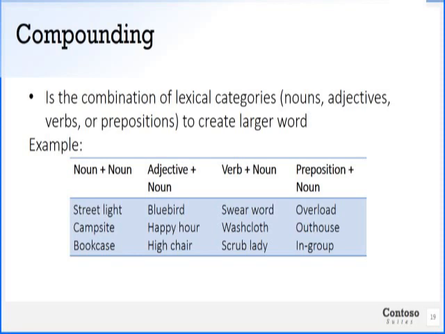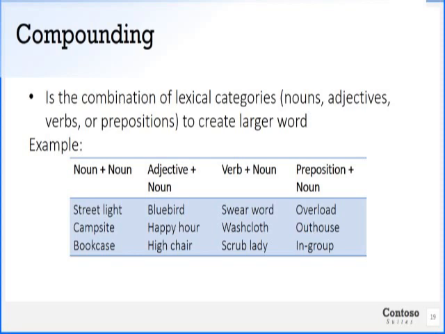Okay, we have the example here for noun plus noun. It means that we combine noun and noun. So we can put space or without space. Yeah, we call it open compound, closed compound and hyphenated compound, like that. Later we discuss this deeper. The examples for noun plus noun are street light, campsite and bookcase.